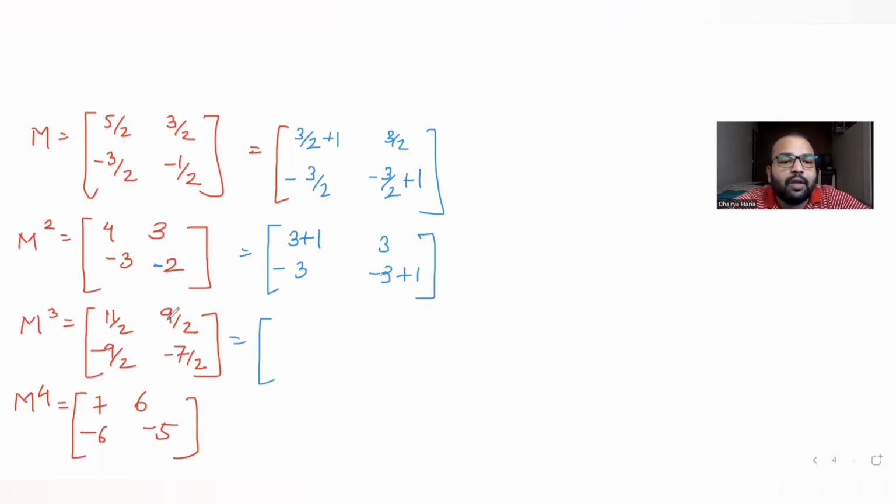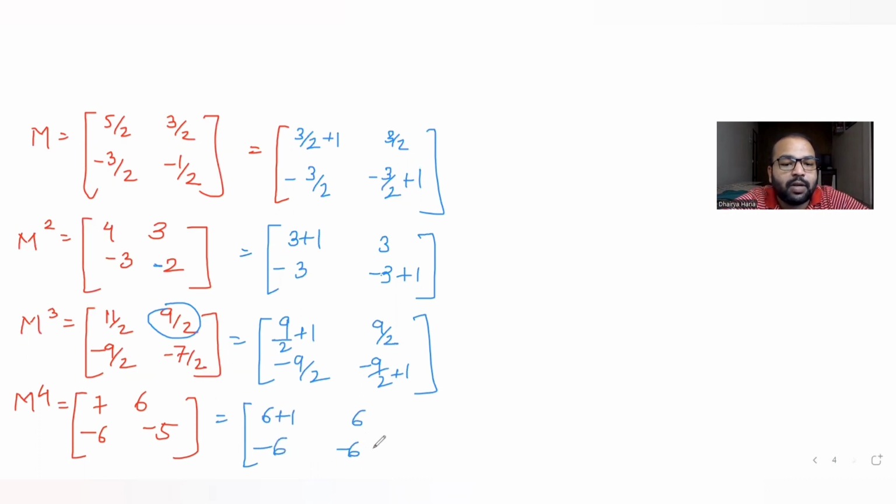Again, if I write this entire list, I can also write it in terms of 9/2. So it becomes 9/2 plus 1, 9/2, minus 9/2 and minus 9/2 plus 1. Further, I can also write 6 plus 1, 6, minus 6 and minus 6 plus 1.